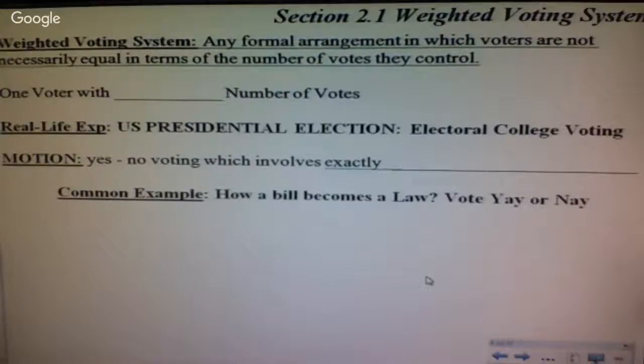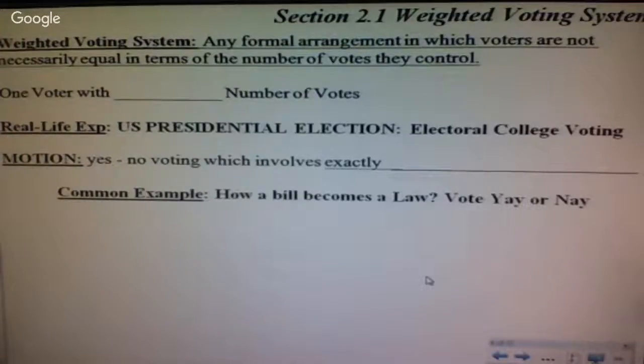A weighted voting system is any formal arrangement in which voters are not necessarily equal in terms of the number of votes they control. Inside my classroom, I reign supreme; my vote will outweigh yours. In the school system, Dr. Wells's vote outweighs everybody's, then the school board, the principals, the assistant principals, the teachers, and finally the students.